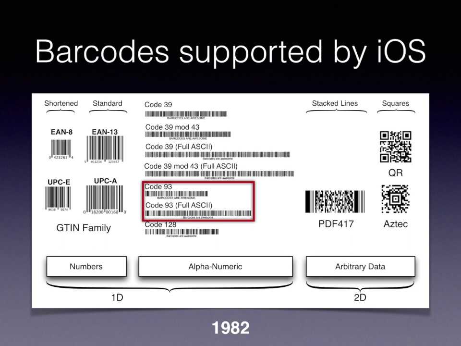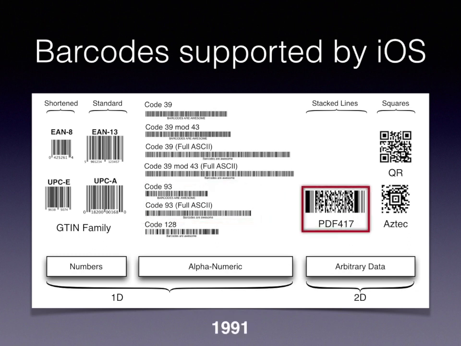So if you're going to represent alphanumeric things with a 1D barcode, you probably would want to use Code 128.